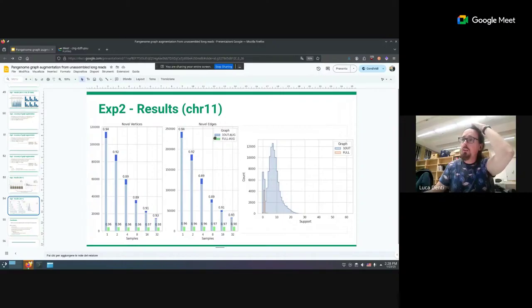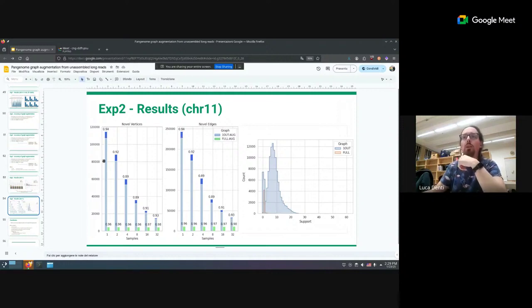So here I plot in blue the one out augmented and the full graph augmented. We can see that even in the full graph, so the graph with all the individuals plus the X individual, if we augment that graph with the individual that is already in the graph, we are still adding some vertices and some edges. So we still have some issues with the precision. But the same occurs for the one out.